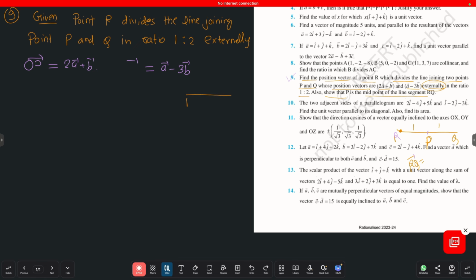Here is P vector, Q vector, and here external division, this is R. So R, P, Q. We want to prove P is the midpoint of RQ. If P is the midpoint, it means we want to prove this is 1:1 type. Then only P is the midpoint of the line segment.